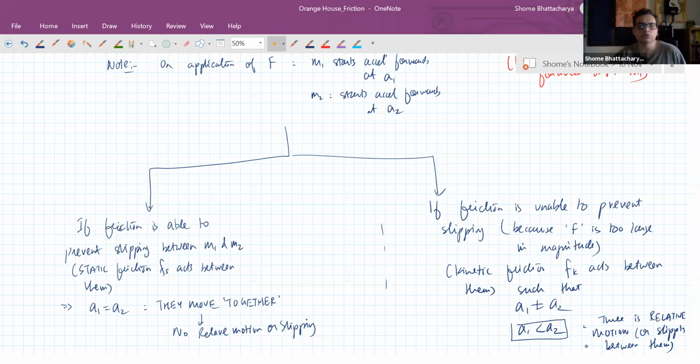Either the two blocks are moving together like one common block with no slipping between them, or the lower block, because you are applying too much force on it, is slipping faster. The upper block will also be moving, but it will be moving slower with respect to the lower block. So A1 will be less than A2.